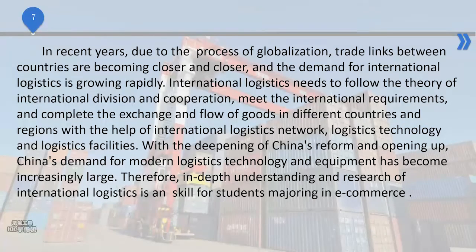In recent years, due to the process of globalization, trade links between countries are becoming closer and closer, and the demand for international logistics is growing rapidly. International logistics needs to follow the international division and cooperation, meet international requirements, and complete the exchange and flow of goods in different countries and regions with the help of the international logistics network, logistics technology and logistics factories.